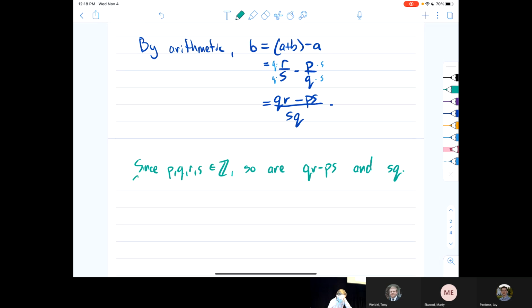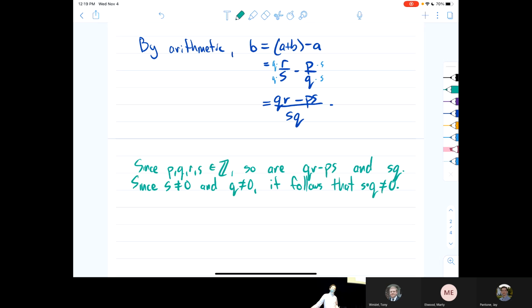Also, since s is not equal to 0 and q is not equal to 0, it follows that s times q is not equal to 0.